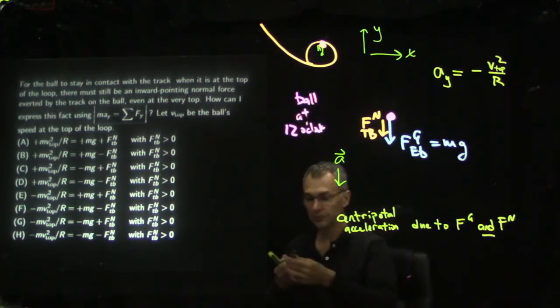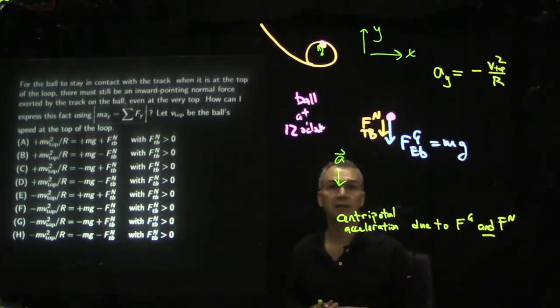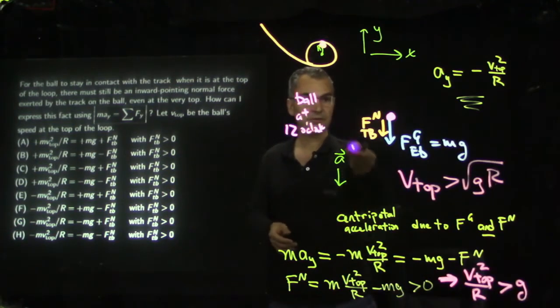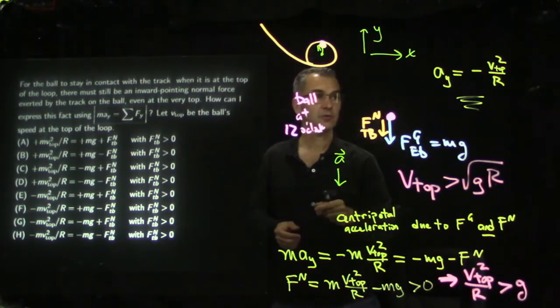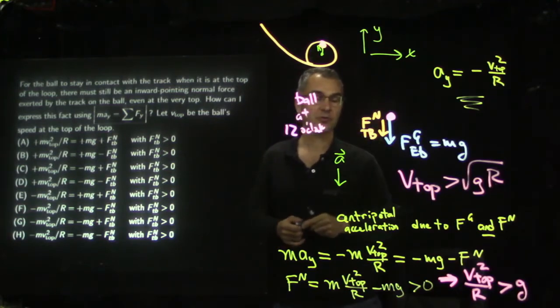So as you scrutinize this slide, let's write down F equals ma for the y component. It seems like we can use this free body diagram to write the y component of F equals ma, and let's let the normal force point downward, and we want a normal force which is bigger than 0 for the ball to stay in contact with the track.